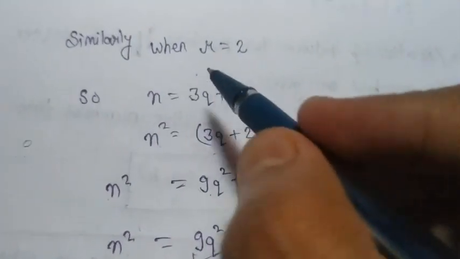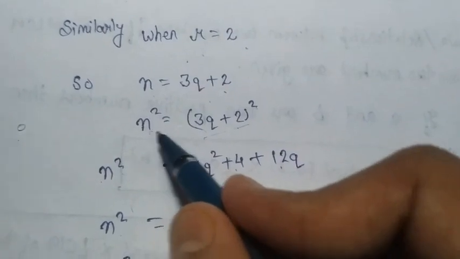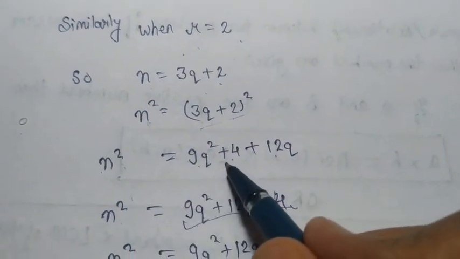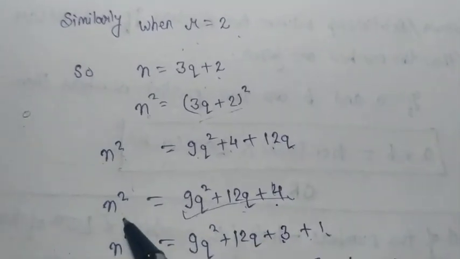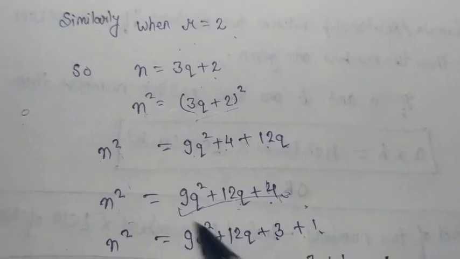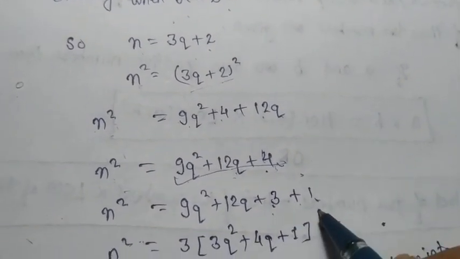What I have done: first r equal to 2, then n equal to 3q plus 2, so n square is equal to 3q plus 2 whole square, so n square is equal to 9q square plus 4 plus 12q. I have written it in order, because in this term we cannot take any term common, so I have written 4 as 3 plus 1.